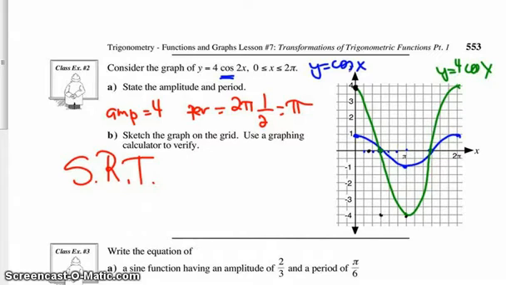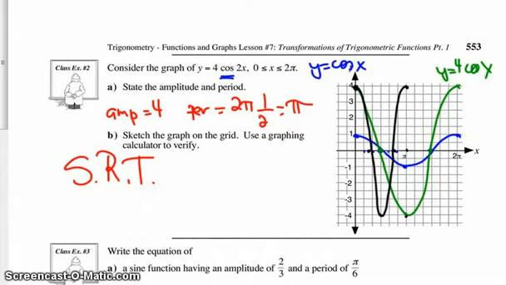This point here was at 9, so it's now at 4.5. And lastly, this point out here was at 12, it's now going to be at 6, and so it's right there. So my final graph is 4 times as tall and 1/2 as wide as it used to be.